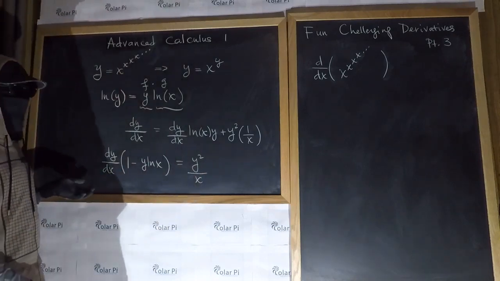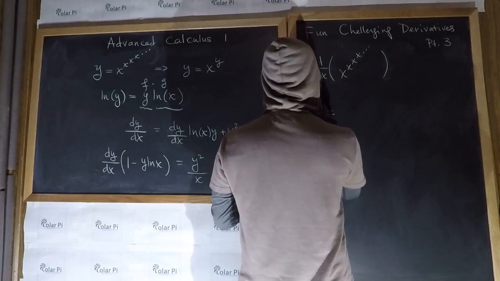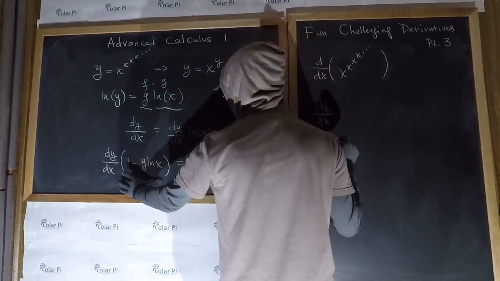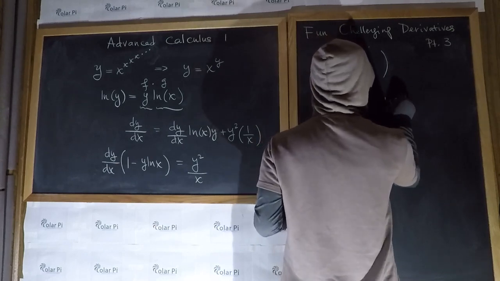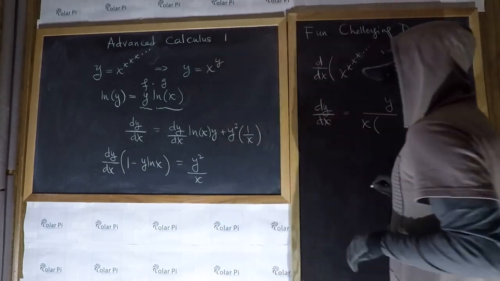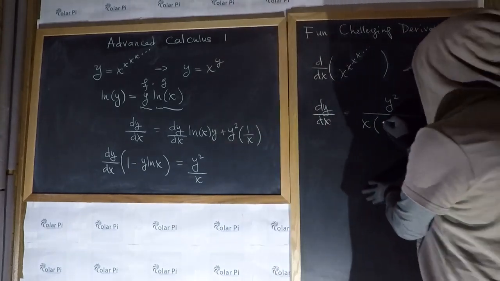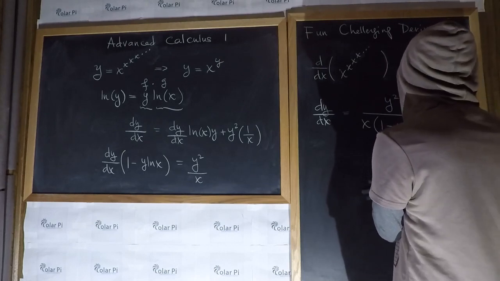Okay, next, to get dy dx by itself, all that remains is that we divide both sides by this fella. So that amounts to, on the right hand side, writing y squared over x times 1 minus y ln of x.